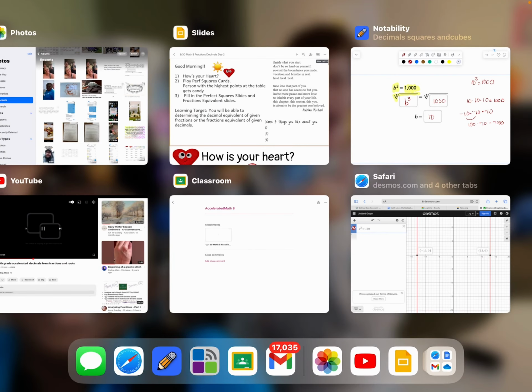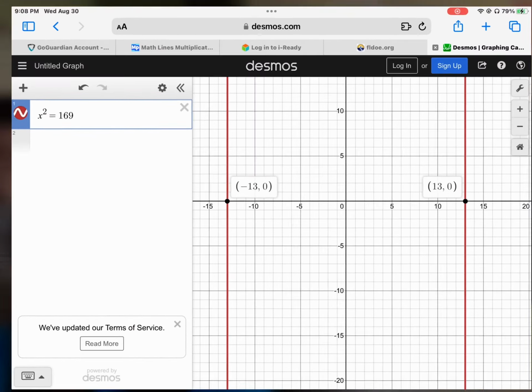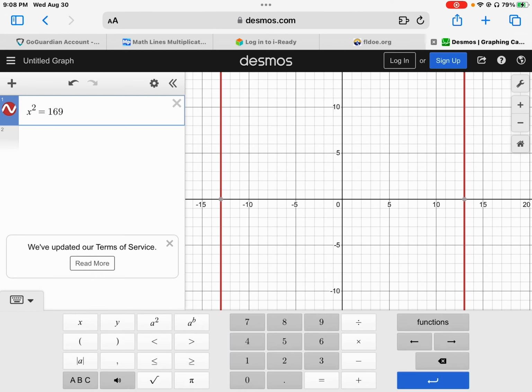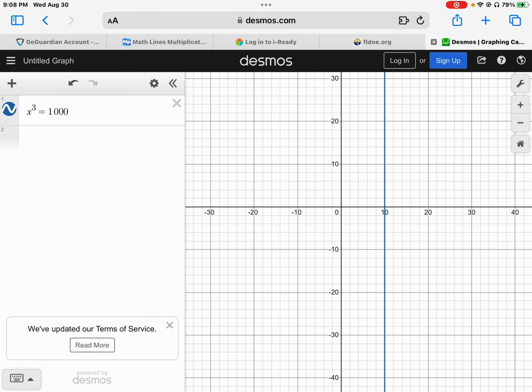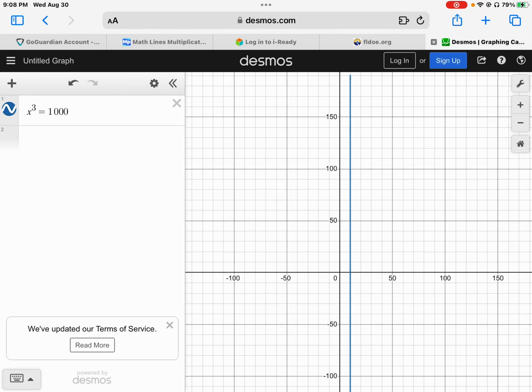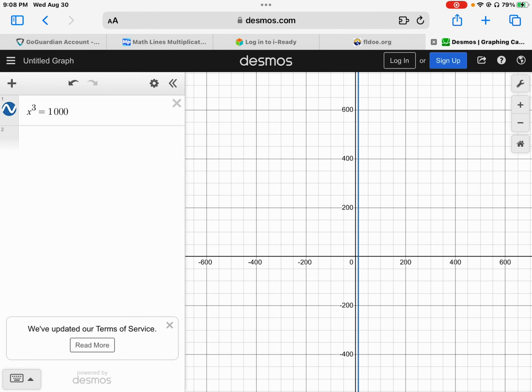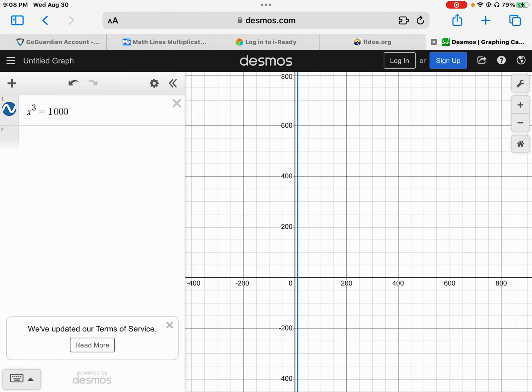Now this one's an interesting graph. When you go to Desmos, we end up making everything x. And it just goes on forever. But did you see where it crossed?